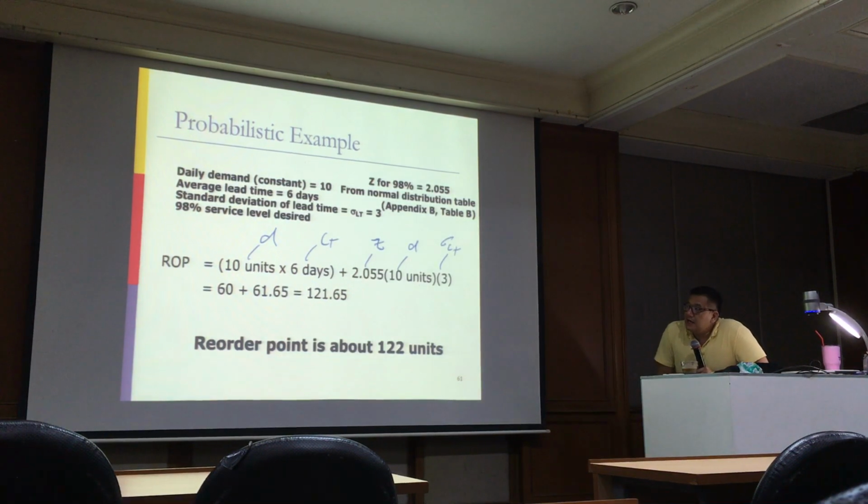So that's why we have, in this case, 122 on average, rounding up. And this is the safety stock.